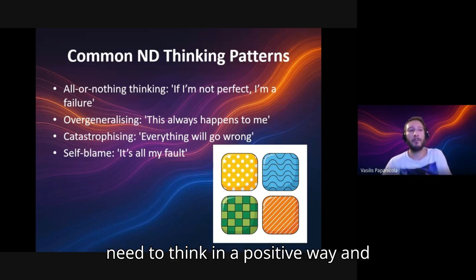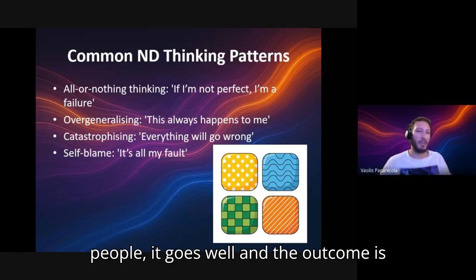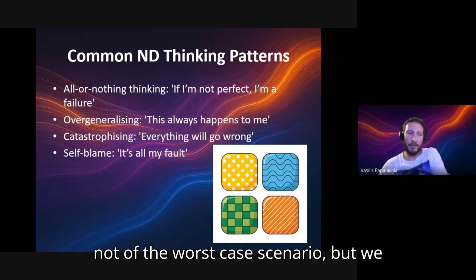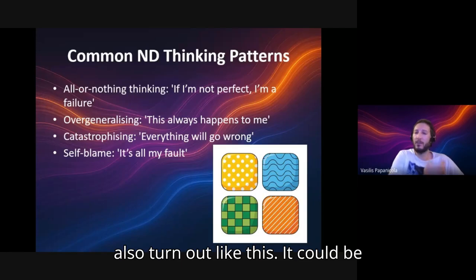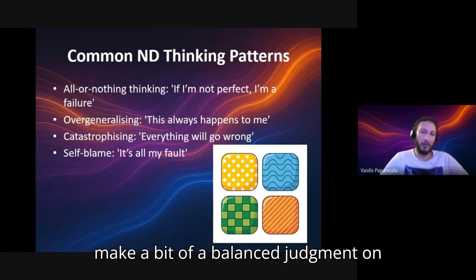But we need to think in a positive way and think, the majority of the time I talk to people, it goes well and the outcome's usually good. So we need to think not of the worst case scenario, but also, actually, it could turn out like this. It could be really good, it could go really well, and make a bit of a balanced judgment on things like that.